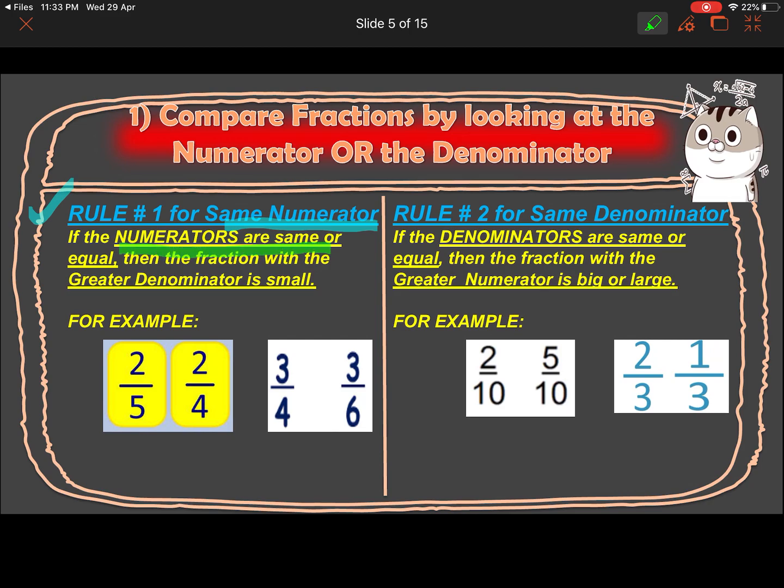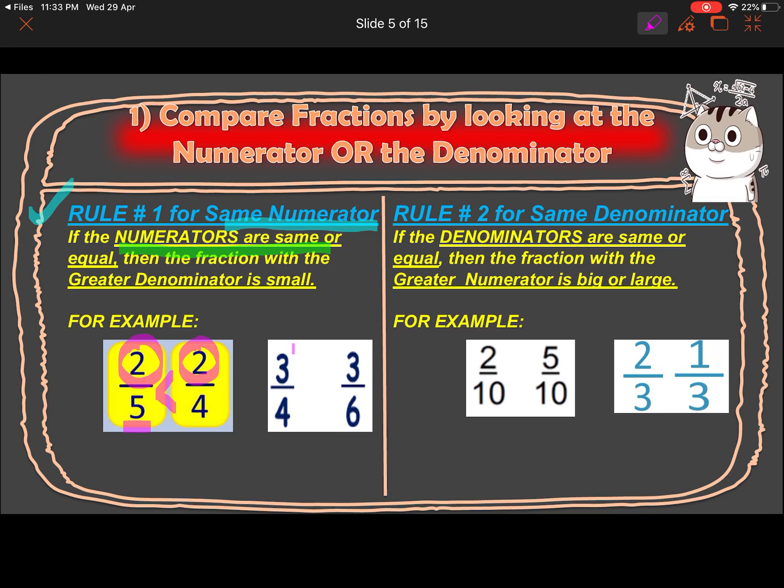If the numerators are same, so what is the numerator? The numerators are the top number in the fraction. So if the numerators are same, then the fraction with the greater denominator is small. So 2/5 is less than 2/4.